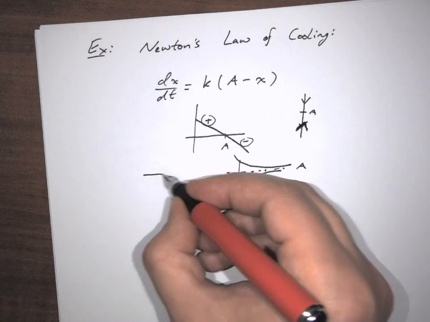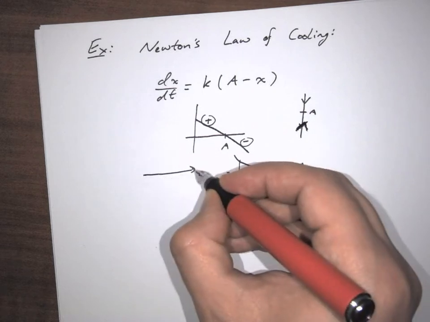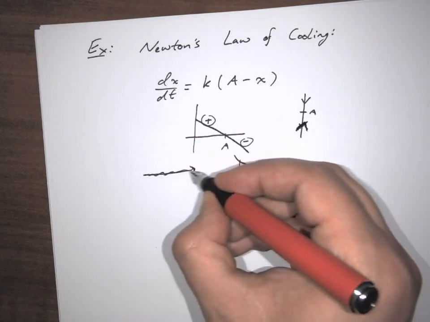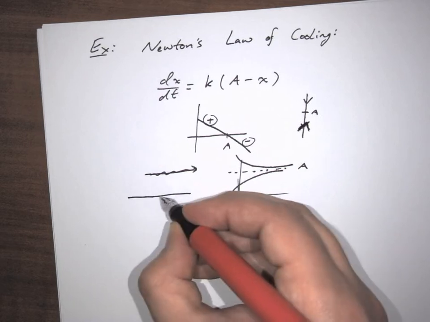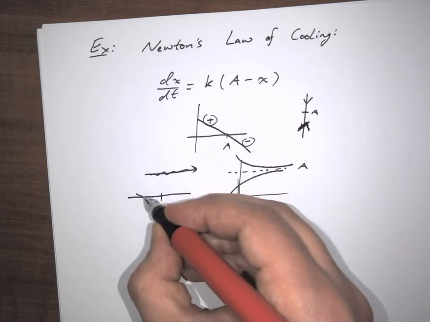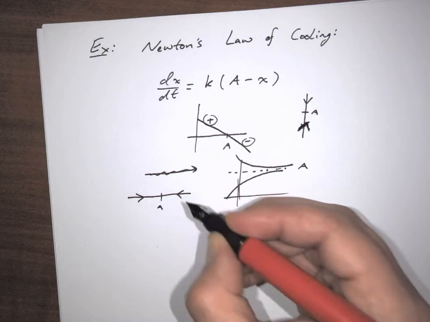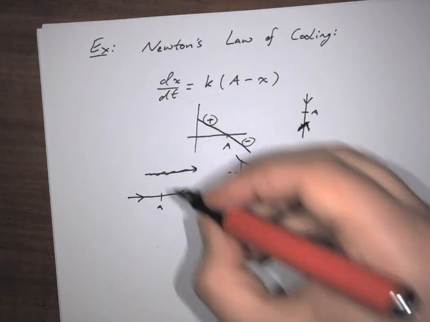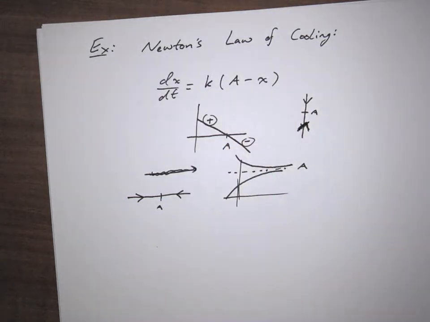Sometimes these are also laid out like so. I should just draw it like this, and then A going up like that, and down like that. So sometimes they're laid out that way too.